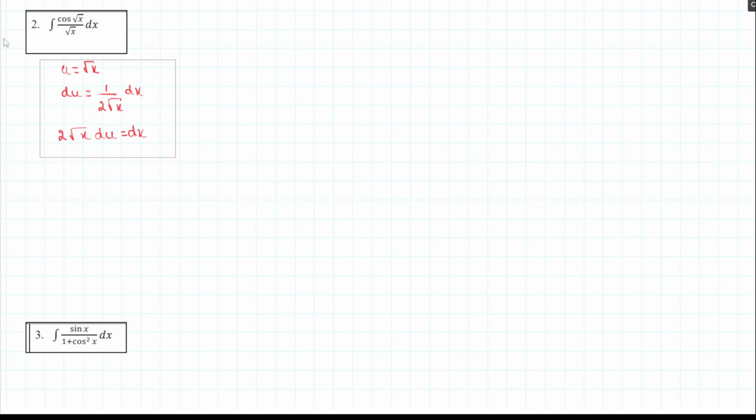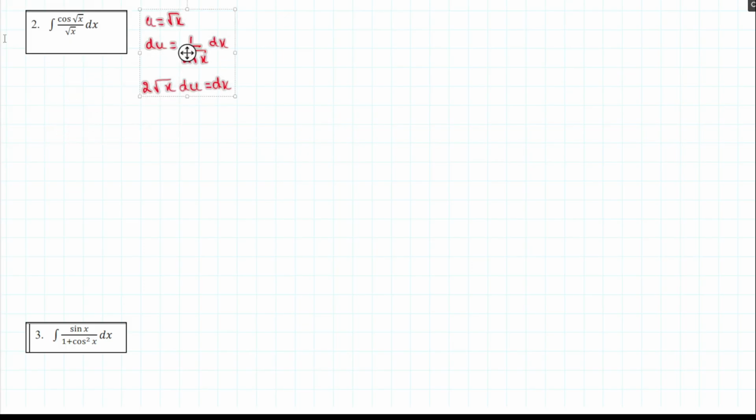Now let's move to this side, and this integral becomes the integral of cos root x, which can be written as cos u, over root x, times dx, which can be written as 2 root x du.